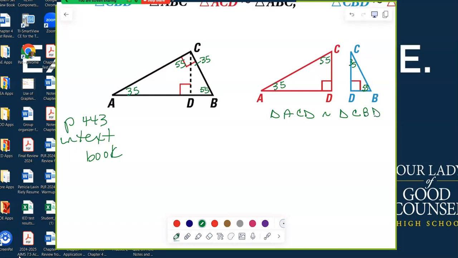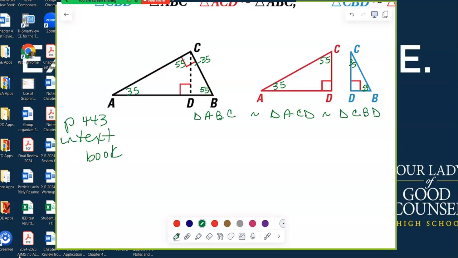Okay, then let's look at the big triangle. That's the black triangle. I want to know what angle matches the 35. Well, it looks like angle A does. What angle in the big triangle matches the 55? Well, it looks like that's angle B, and one angle's left, angle C.